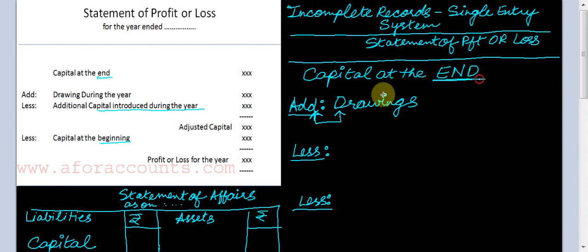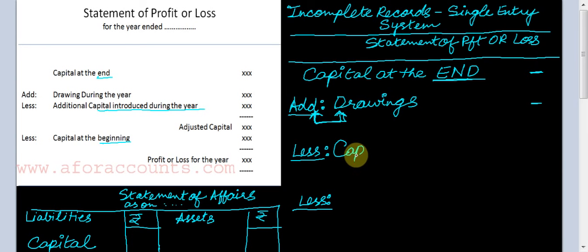From this D add, take this D again, add drawings. So this is capital at the end, I am adding the drawings. Less. What am I subtracting from here? Now again capital: capital introduced during the year or additional capital. So after end I am coming to during the year.